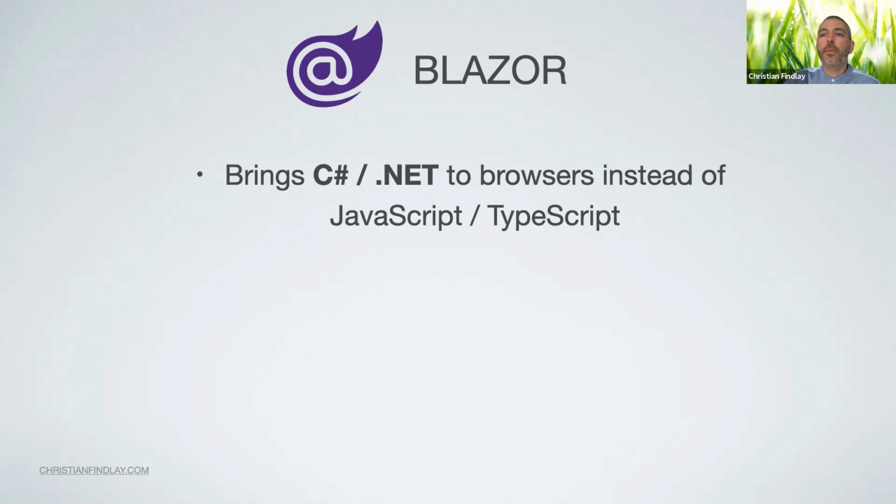So if your team is a web team that has been working in TypeScript, perhaps this is a good path for you, because it may allow web developers as well as back-end developers to be able to share some of the coding. It might mean that some of the back-end developers that haven't been able to work with TypeScript might be able to dabble in a little bit of Blazor to fix bugs here and there.